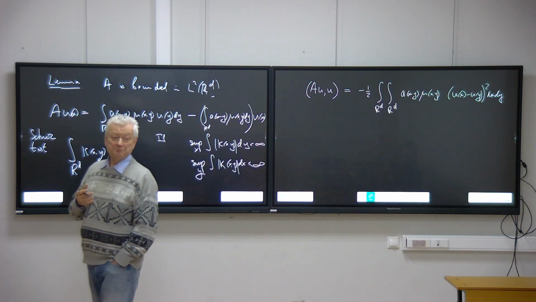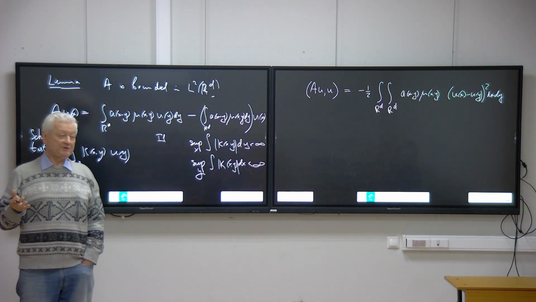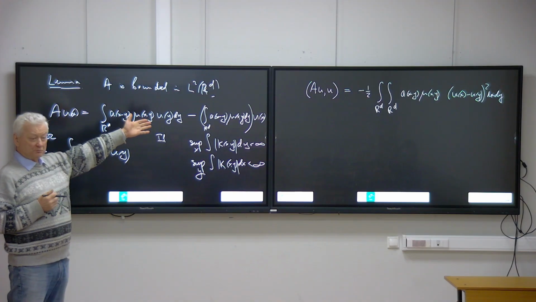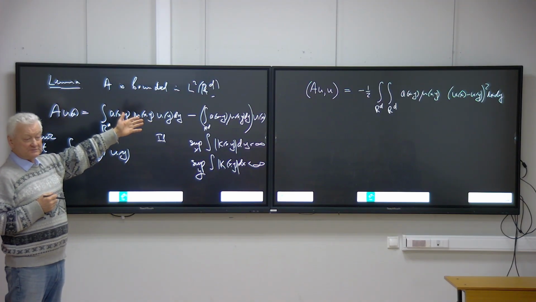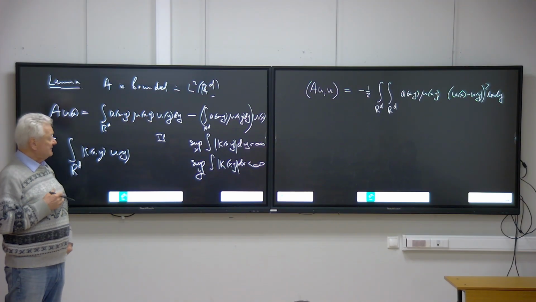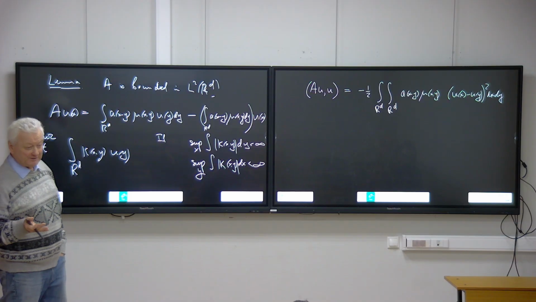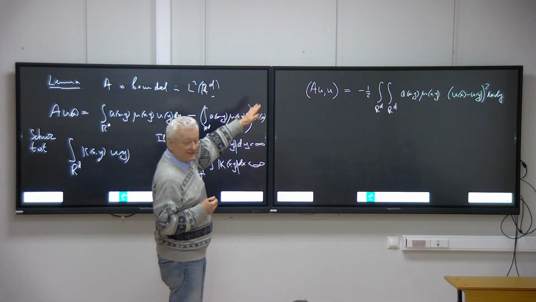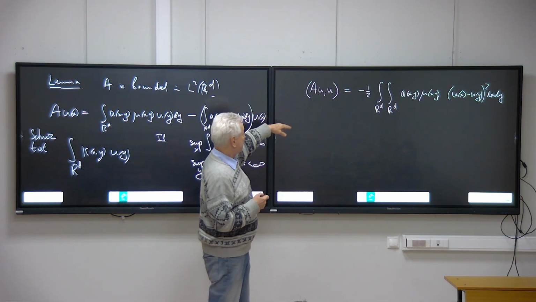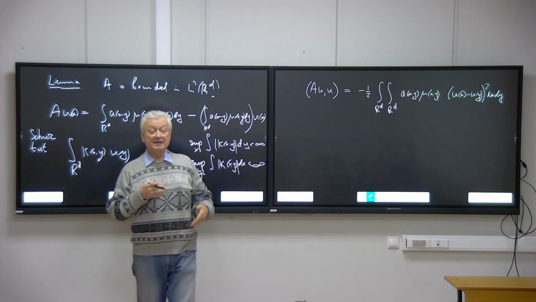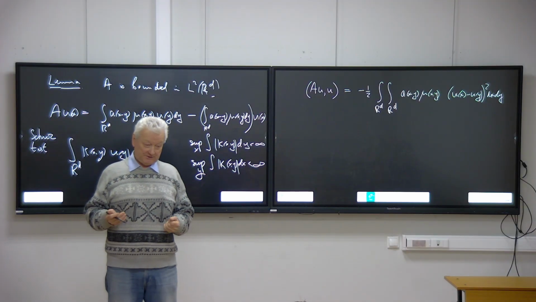And this implies immediately that this operator is non-positive, and in fact it's negative but not uniformly, and this means that minus A is positive.